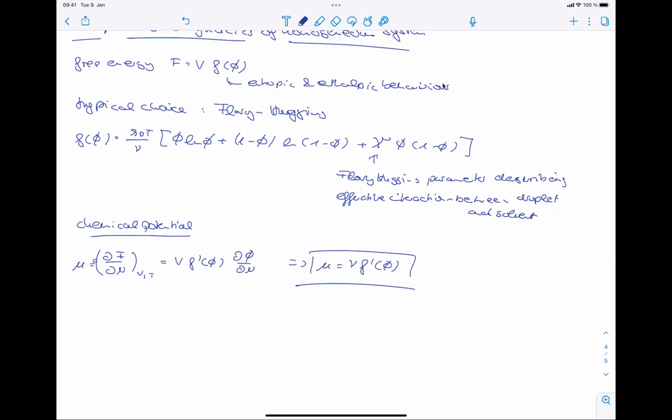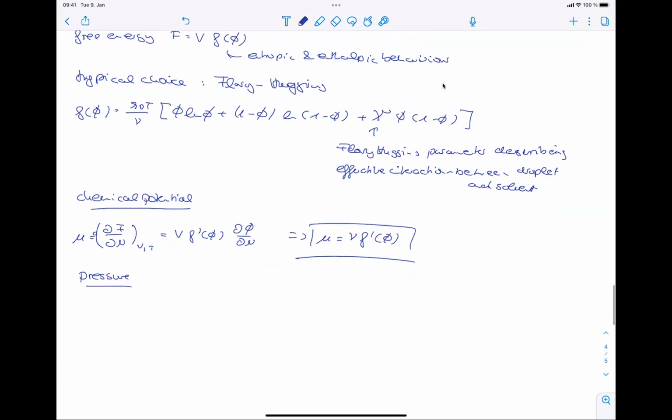And then we have pressure. Pressure is the derivative with respect to volume, keeping temperature and number of particles constant. And so this is now again having expressed f as a function of the volume fraction. We have minus before.